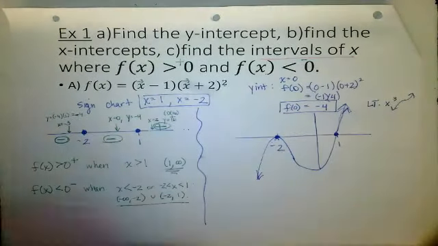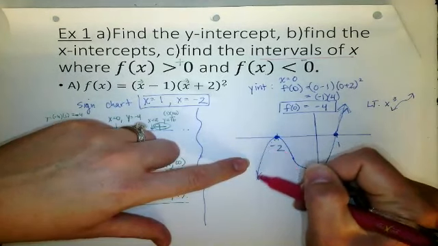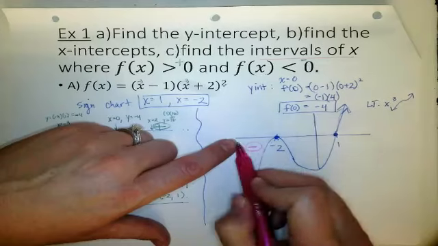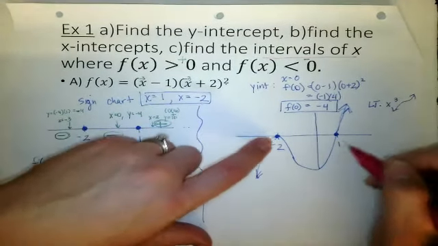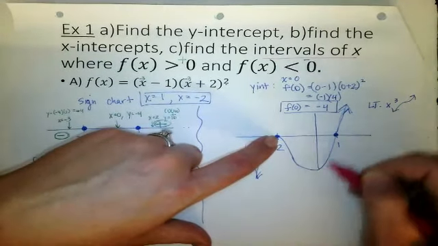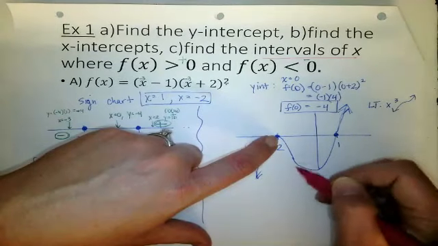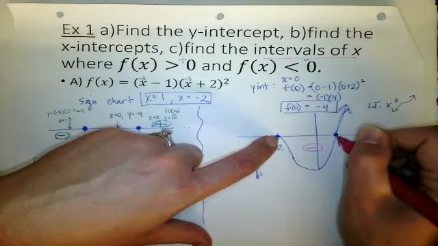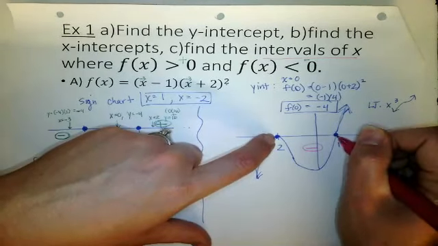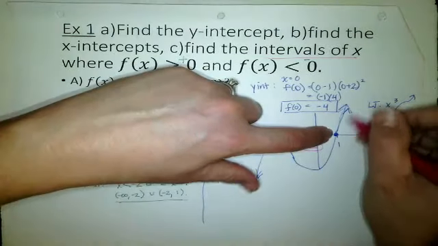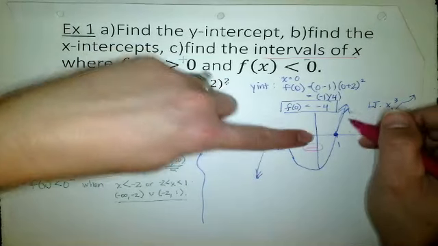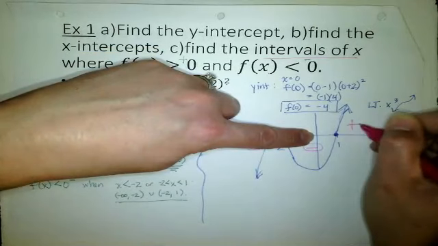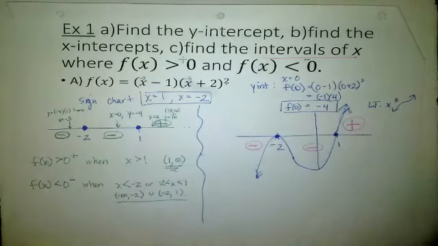And so we can see here, all of these are our output values. The y output values are all negative in this region to the left of negative 2. Between negative 2 and 1, our graph, again, is below the axis, which means the y values are all negative. And then here, our graph is above the x-axis, meaning the y values are all positive for everything to the right of 1.